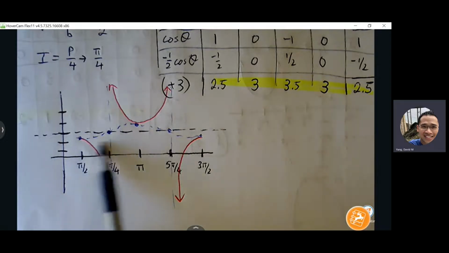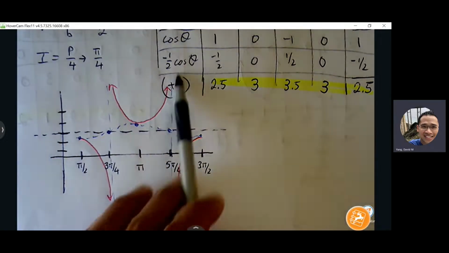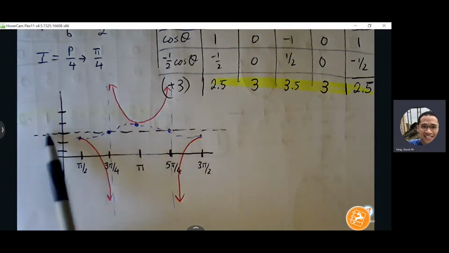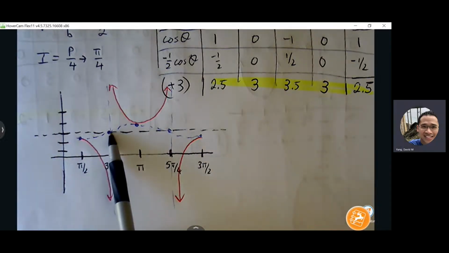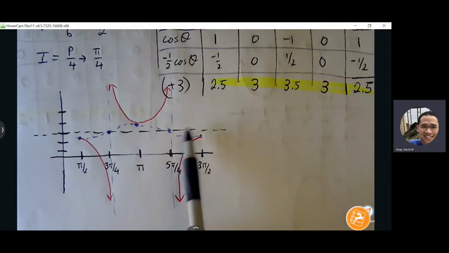And I know that my asymptotes are going to be dropped where the cosine intersects the d value, right? So my d value is +3.